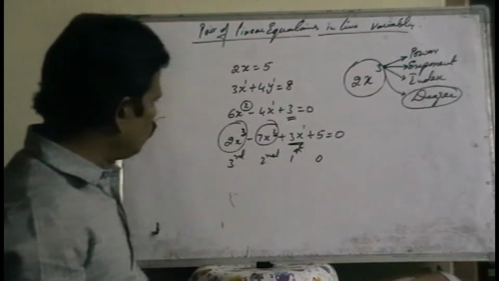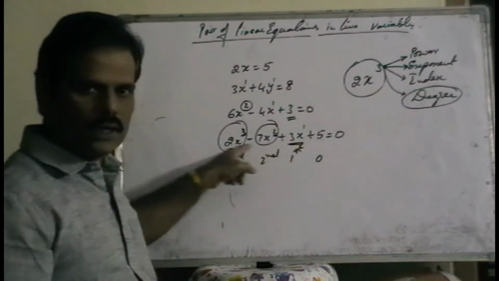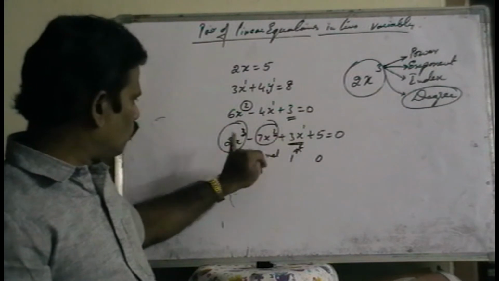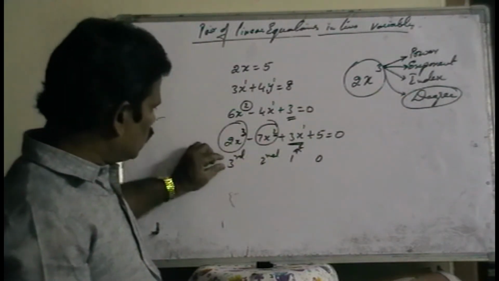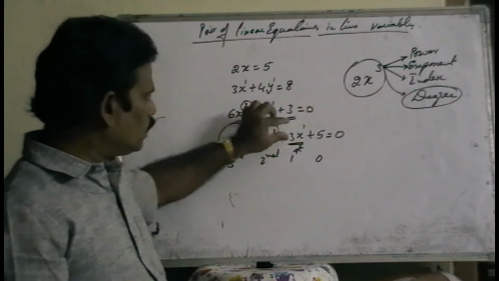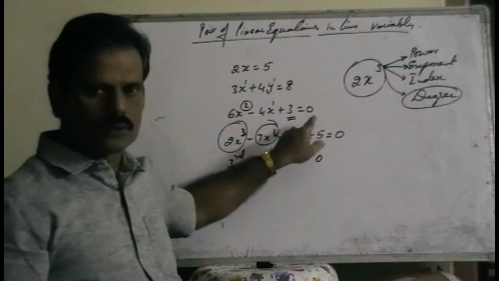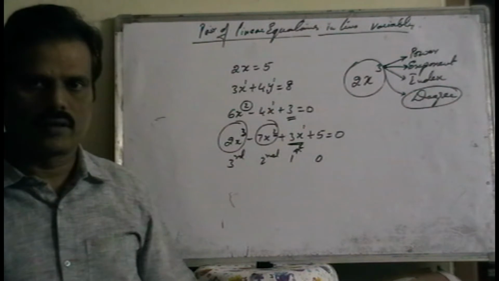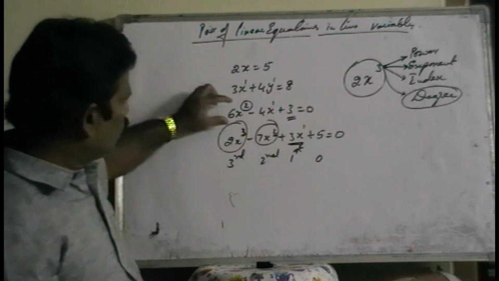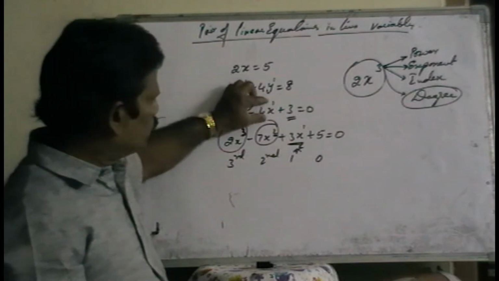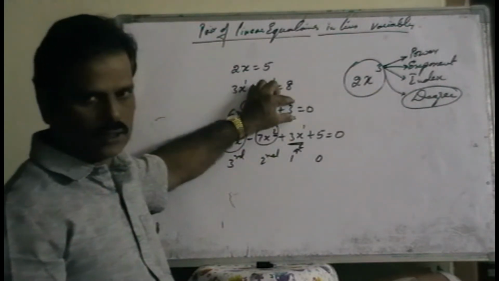Right? Now in this expression, there are total 4 terms: 1, 2, 3, 4. In these 4 terms, the first term is third degree, the second term is second degree, the third term is first degree, and the fourth term, the constant, is 0 degree. In this equation, the first term is second degree, the next is first degree, and the constant is 0 degree.